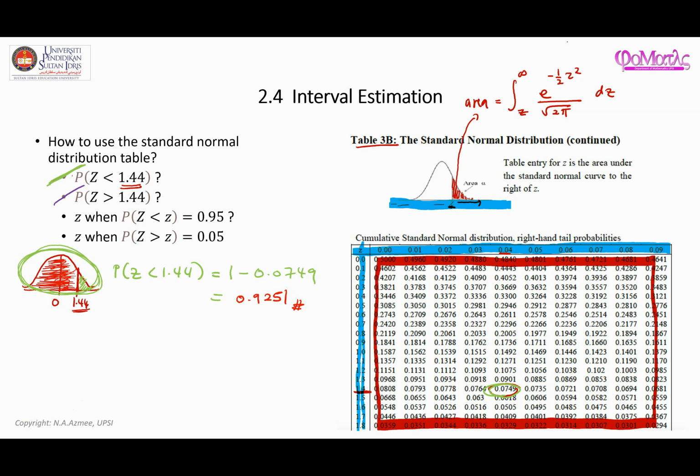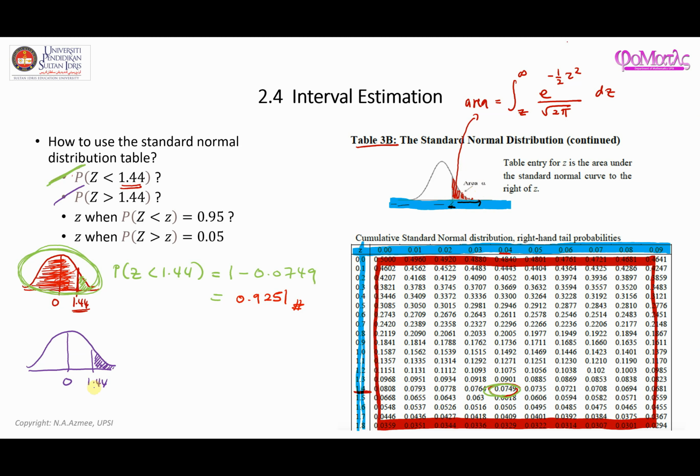Let's look at the next question. What is probability z greater than 1.44? If I sketch this question, 1.44 is somewhere here, and greater than means in this direction to the right. You can see that the area here matches the area given by the standard normal distribution table, so the answer can be obtained directly.